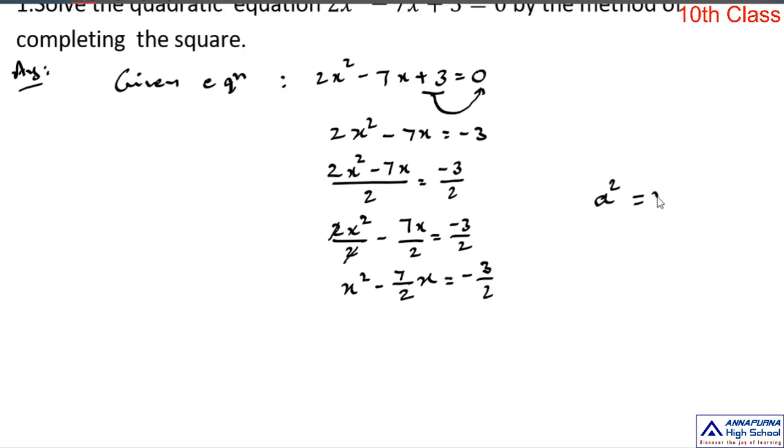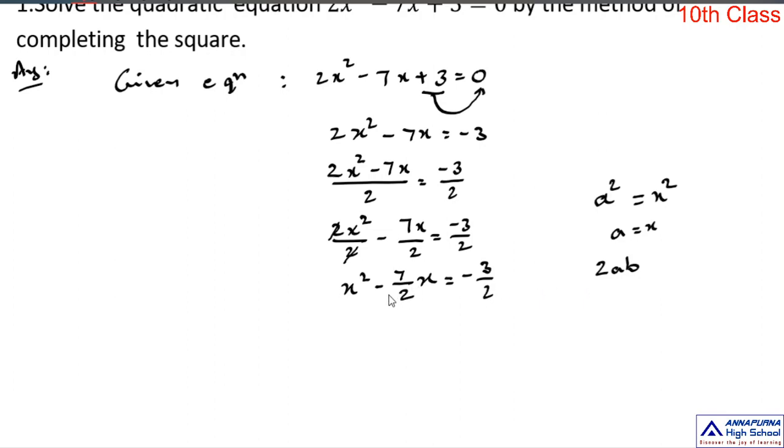That means a square is equal to x square, so a is equal to x. And treat the second term, that means the x term, as 2ab. The first term we treat as a square and the second term we treat as 2ab.